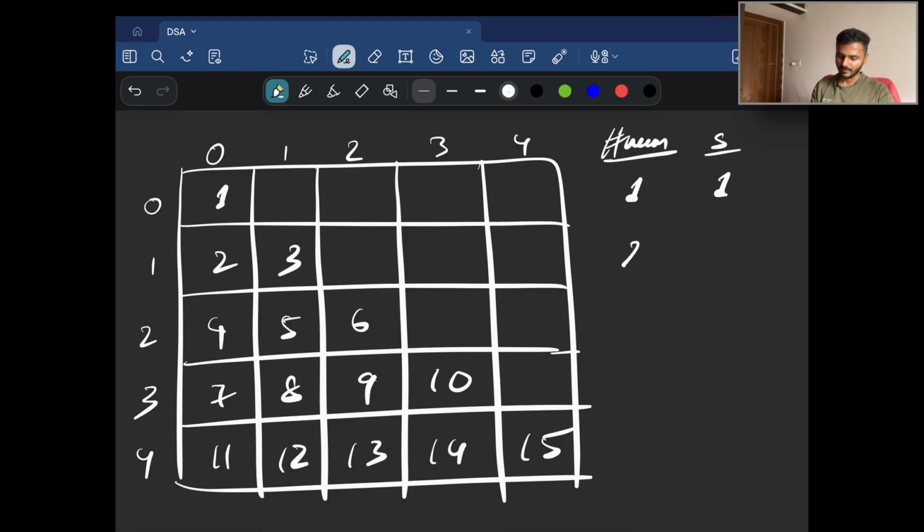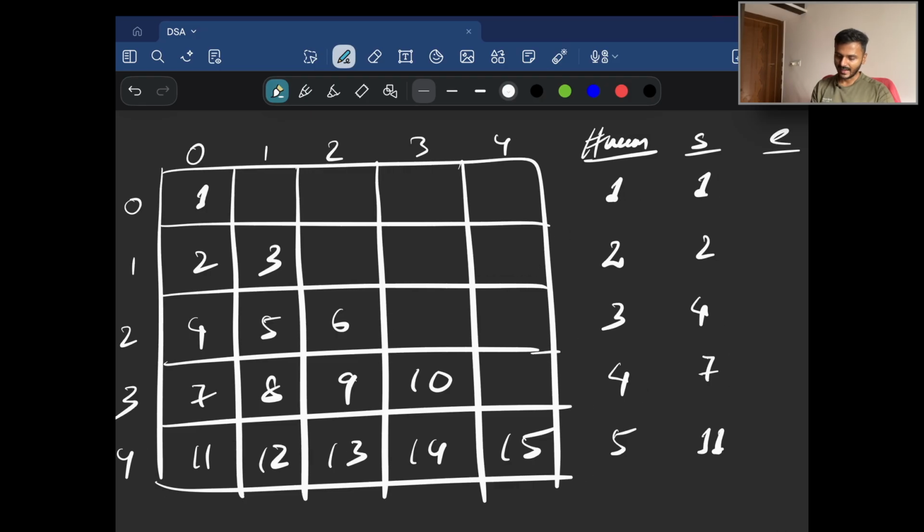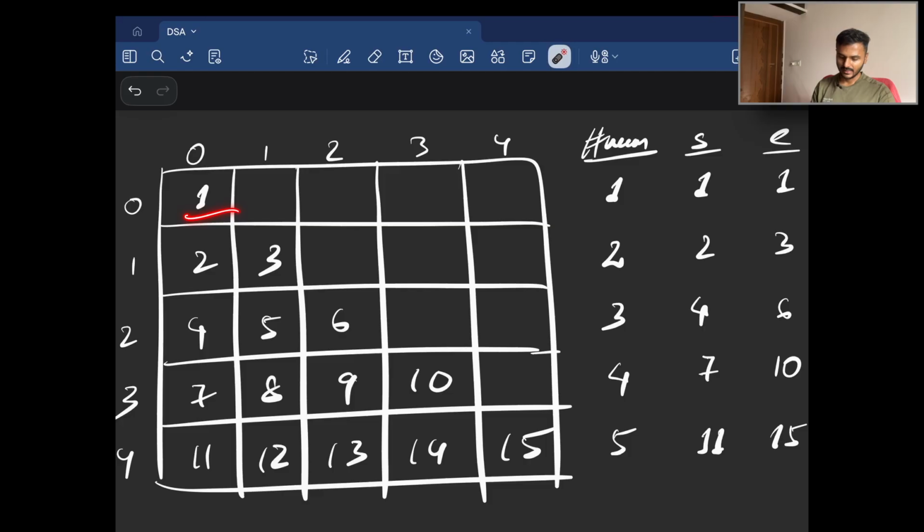For the second row, we are printing two numbers starting from 2. Third row, we're printing three numbers starting from 4. Fourth row, printing four numbers starting from 7. And fifth row, printing five numbers starting from 11. And the end value in each of these cases would be 1, 3, 6, 10, and 15, right?